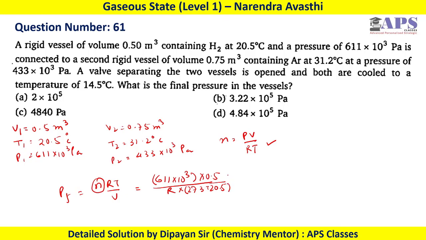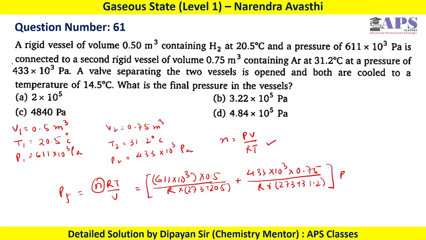Okay, so this is the initial number of moles N1, again 433 into 10 to the power 3 multiplied by 0.75 divided by R into 273 plus 31.2. Okay, so this is the total number of moles.